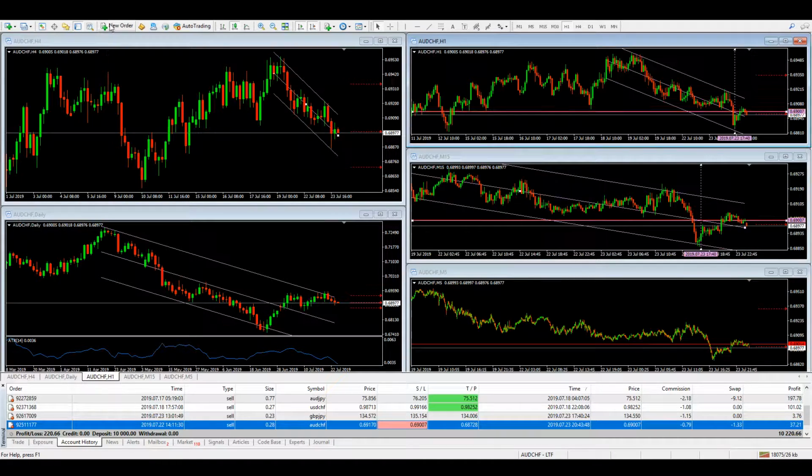So what I was doing there is just calculating my position size. In this instance, I'm going for 2% risk. I'm just going to clear up some of these here, turn off these alerts.